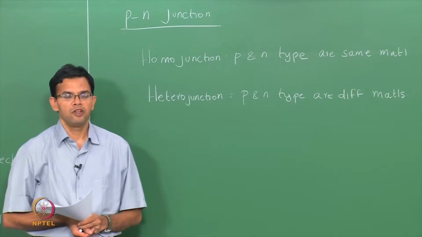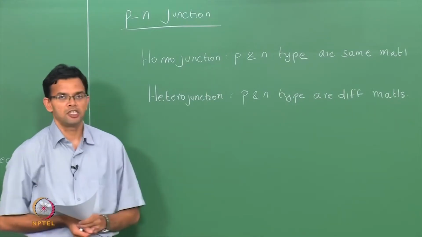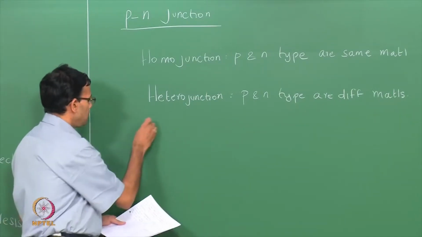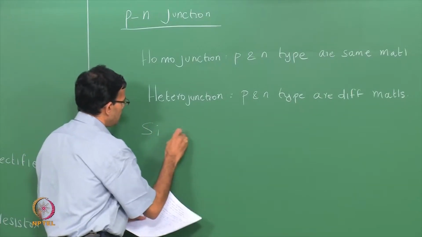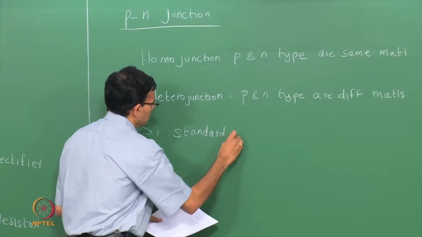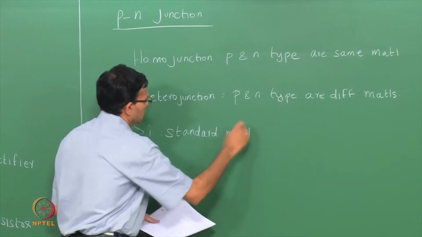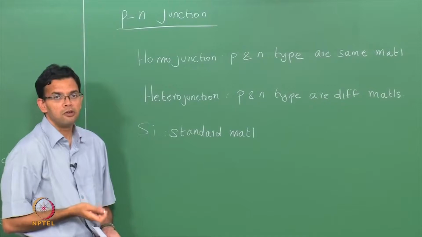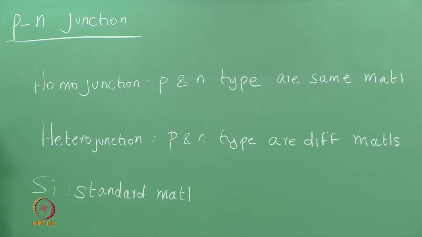Most of the time we will be talking about these p-n junctions with respect to silicon. So, silicon is our standard material of choice. But we will also look at some examples of other materials, and when we come to heterojunctions we will talk a lot about compound semiconductors.